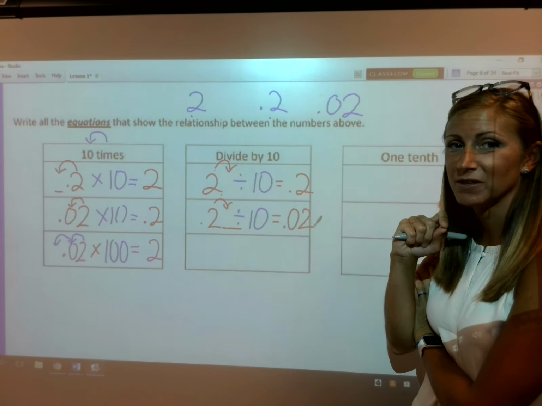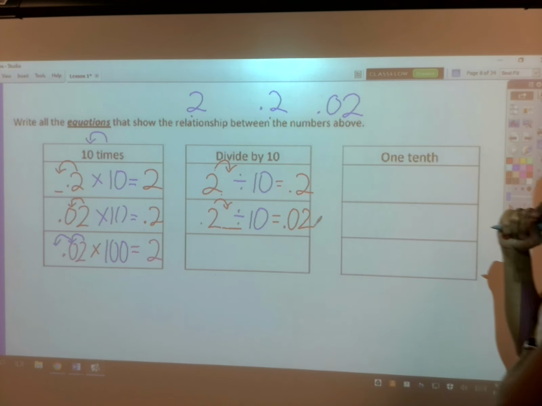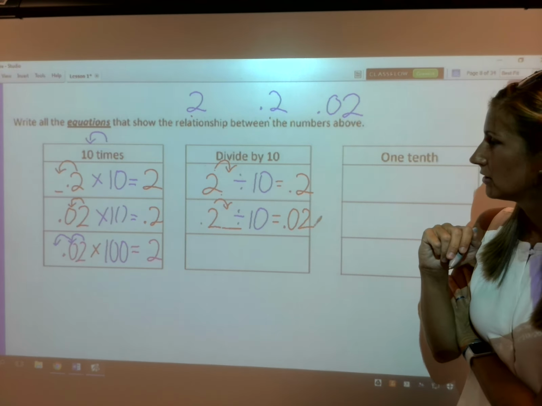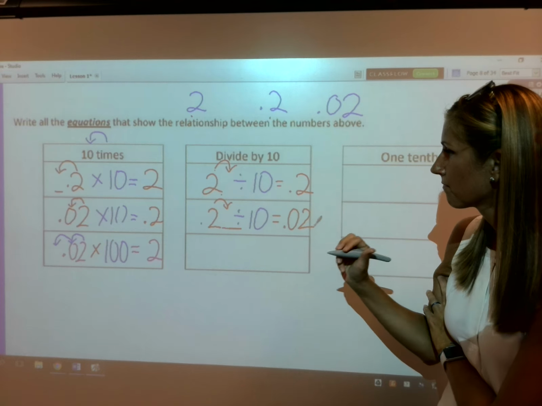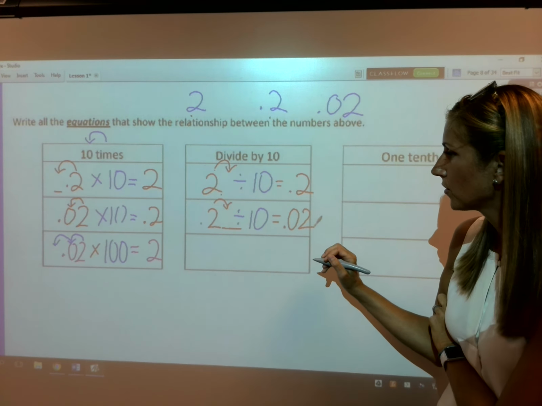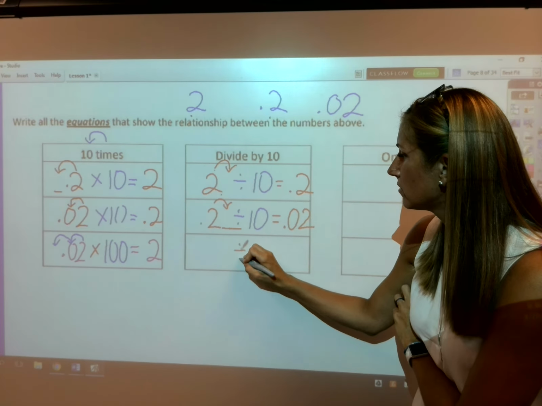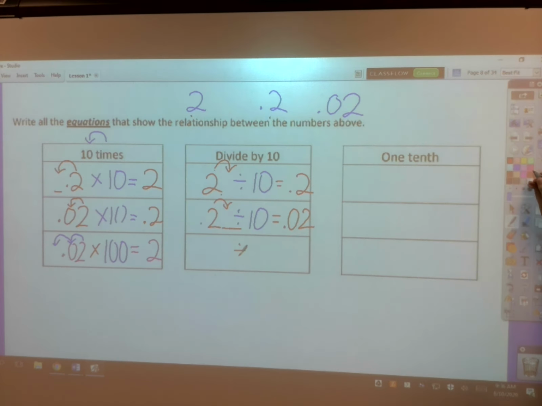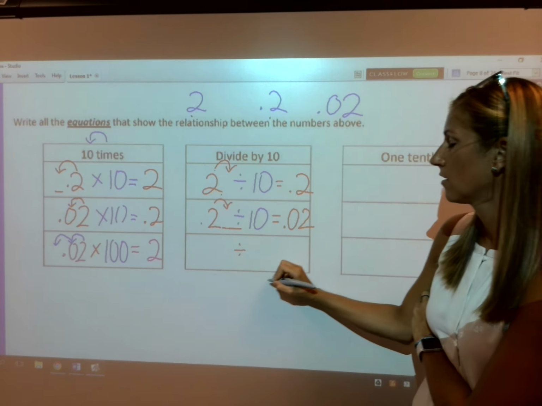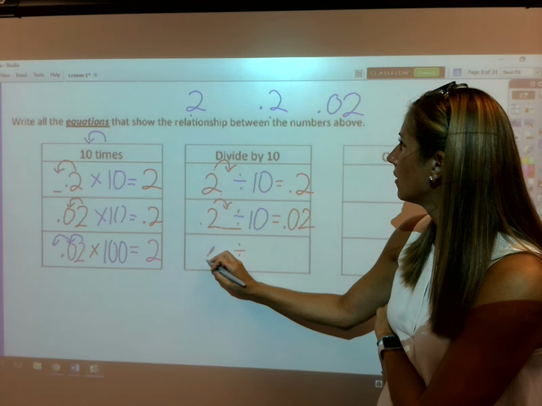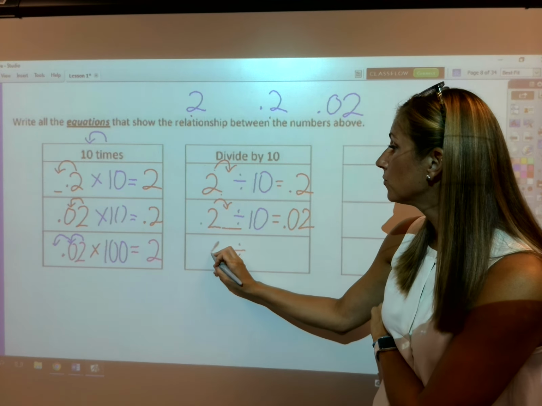This must be another trick one. So, what could we try that would be dividing? Could I start with a 2?